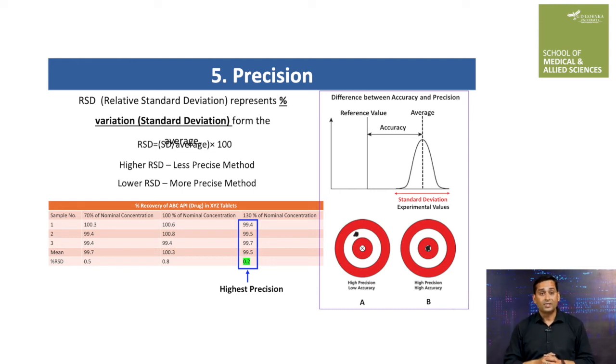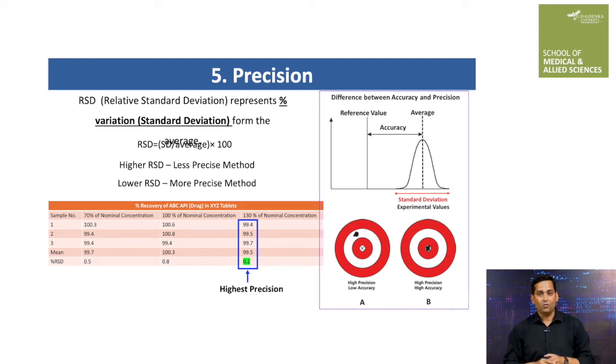Sometimes the terms precision and accuracy both create confusion, so let me tell you the difference between them. Accuracy defines the closeness of the average experimental values to the reference value, while precision defines the closeness of the different experimental values to each other. This can be exemplified by figure A and figure B at the bottom right of this slide.